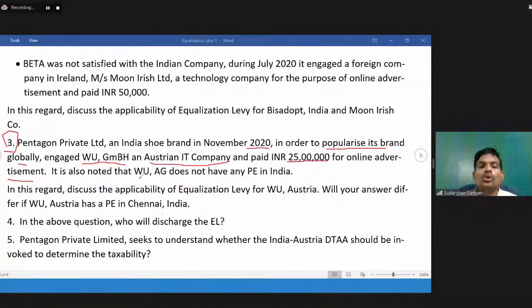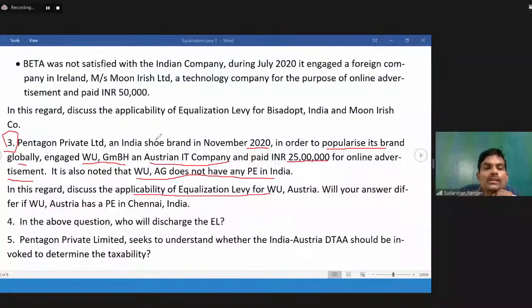It is also noted that the Austrian company does not have any PE in India. Now discuss the applicability of equalization levy.